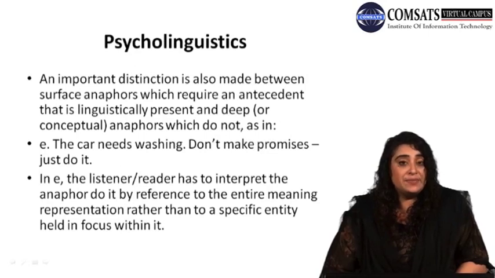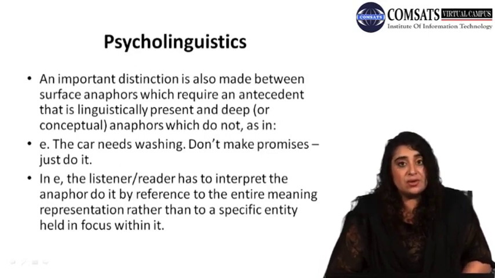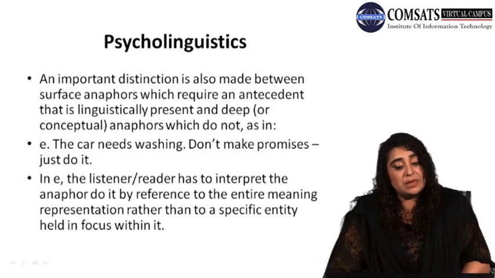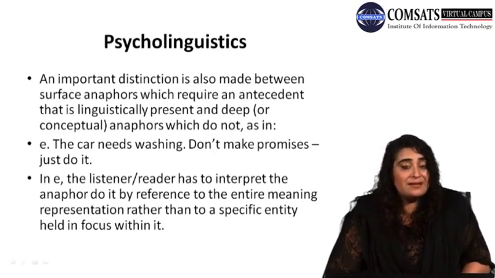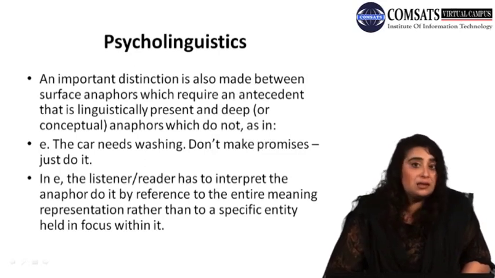Now in the sentence "don't make promises, just do it," the listener or the reader has to interpret the anaphor "do it" by reference to the entire meaning representation, rather than to a specific entity held in focus within it. We can't understand "do it" from just that sentence. What we need to do is refer back to "the car needs washing."